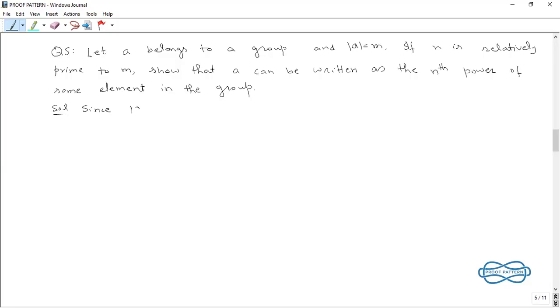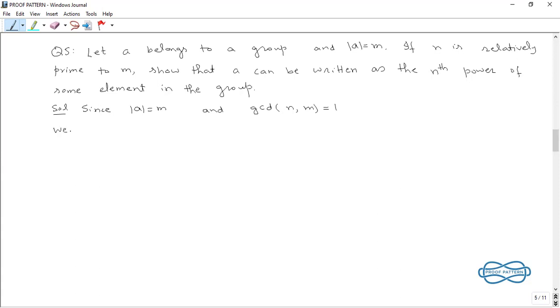the order of A is equal to m and the GCD of n and m is equal to 1. We know that, it is given in the statement.